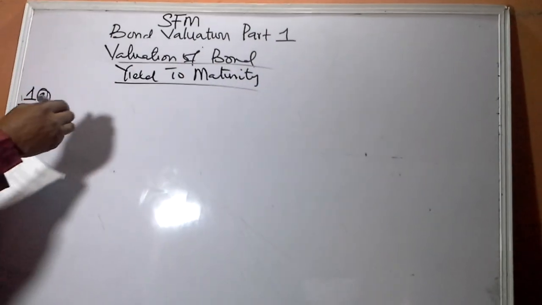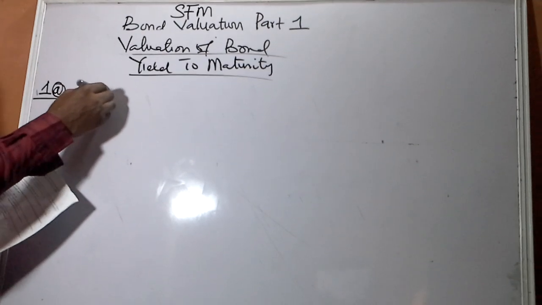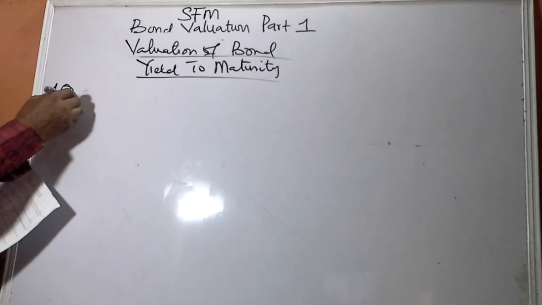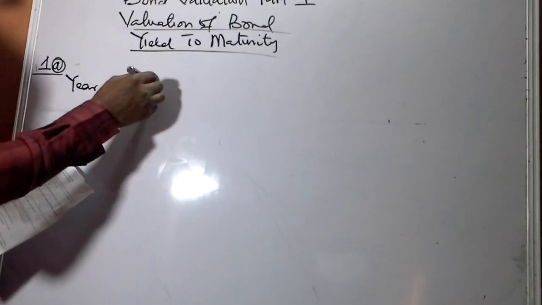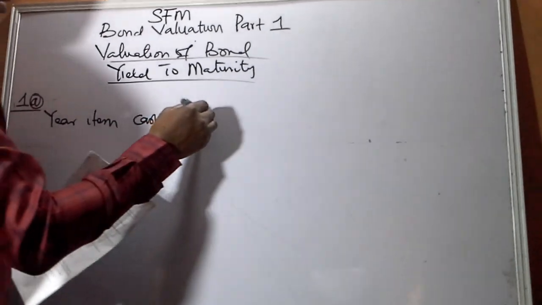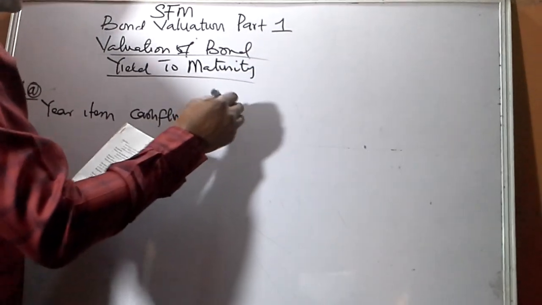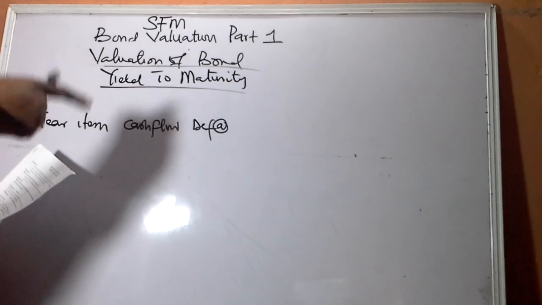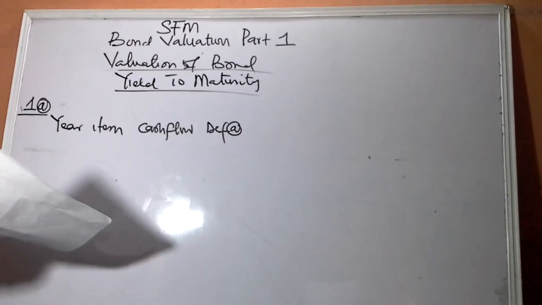Let's see the price that the investor will pay. We have the item, cash flow, and the discount factor. You discount the bond at the yield. I told you that bond valuation is the present value of the future cash flows.